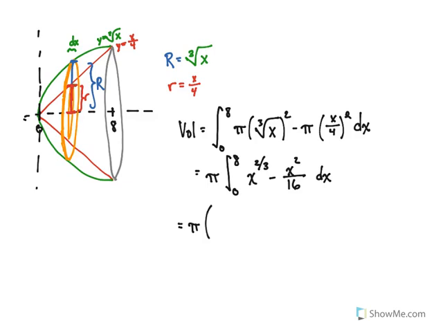Find the antiderivative. This is going to be 2/3 plus 1 is 5/3.